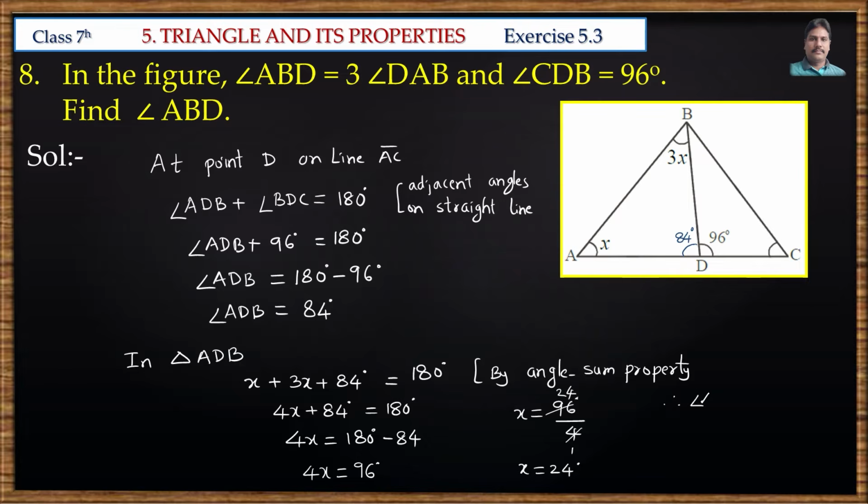Therefore angle ABD is equal to 3x, that is equal to 3 into 24. So this will become 3 4 ja 12, 3 2 ja 6, 6 plus 1 7, 72 degrees. Angle ABD is equal to 72 degrees. This is the answer.